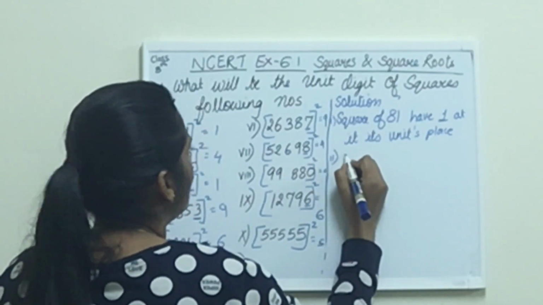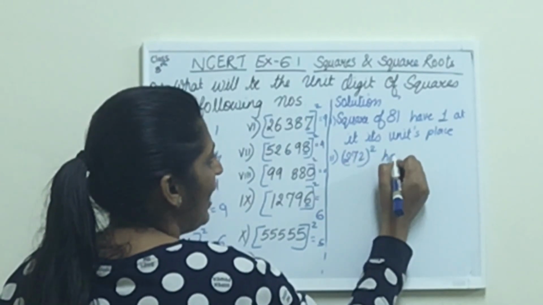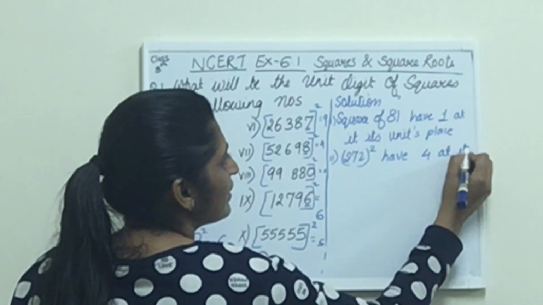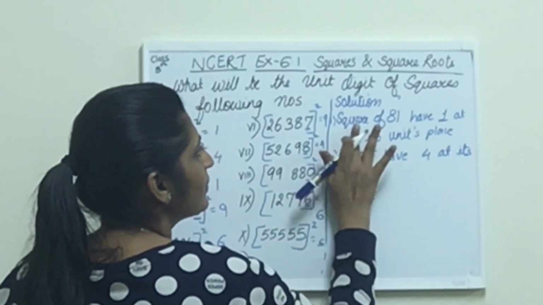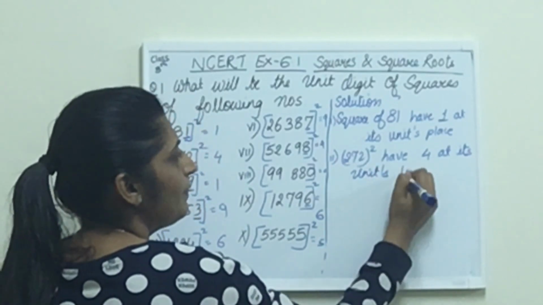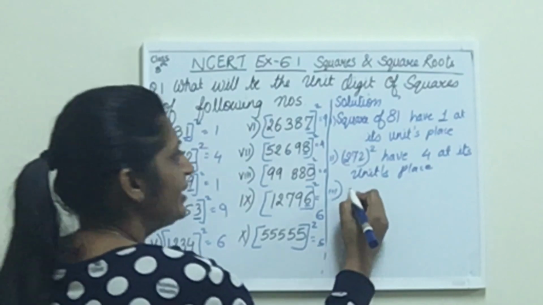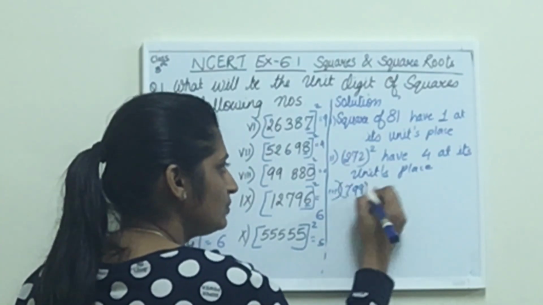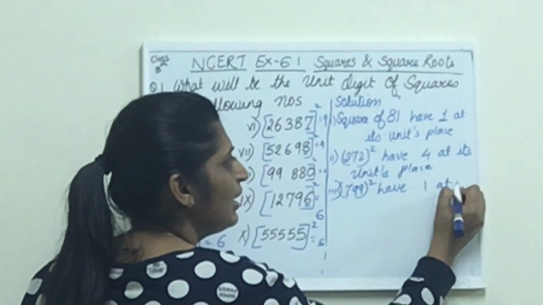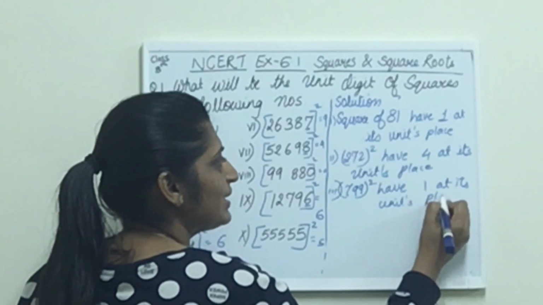Second one, 272 square has 4 at its units place. Third, 799 square has 1 at its units place.